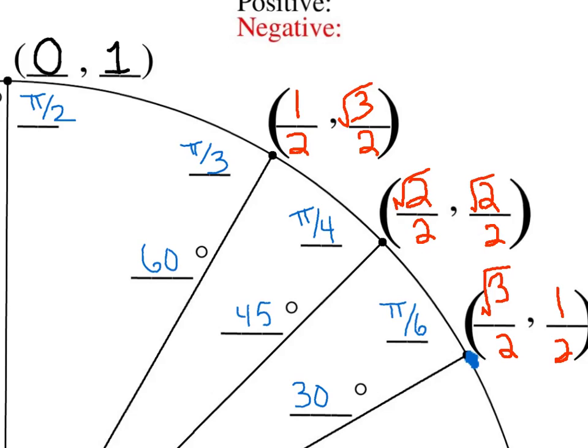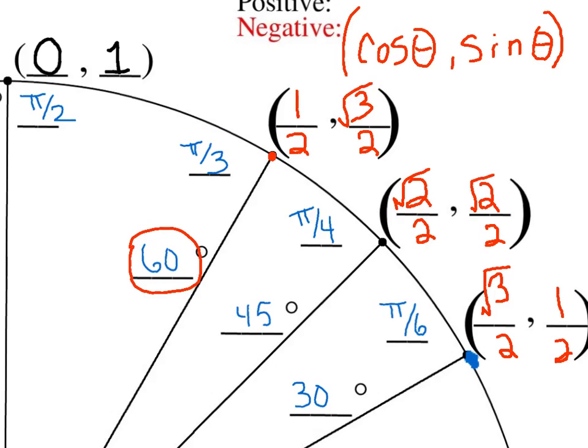One of the things that we're going to be using as we take a look at this unit circle is the idea that each of these ordered pairs can be given as the cosine of some angle theta and then the sine of some angle theta. So right now, if I asked you what is the cosine of a 60-degree angle, you should be able to go to your unit circle and say the 60-degree angle results in this point right here, because that's 60 degrees.